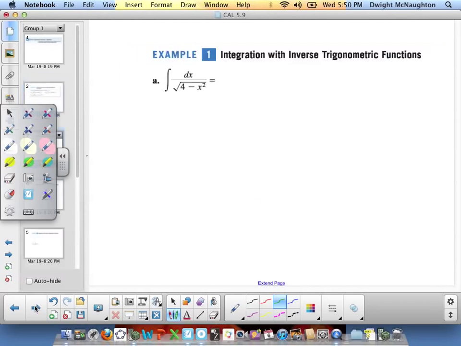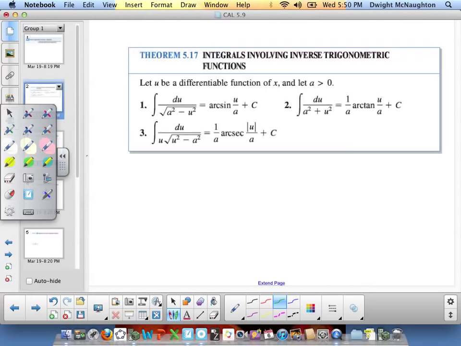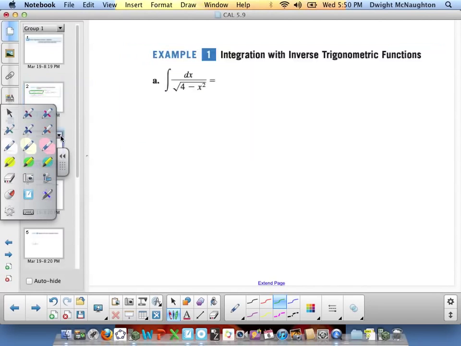Which pattern follows dx over the square root of 4 minus x squared? Well, if we go back and look, that appears to be very similar to right here. That was du over the square root of a squared minus u squared, and that pattern was arcsine of u over a plus a constant.